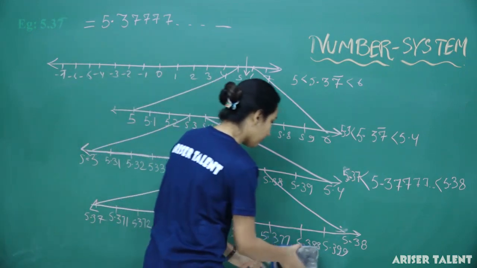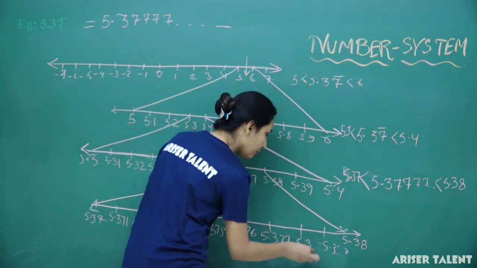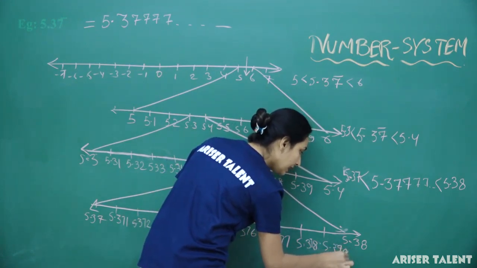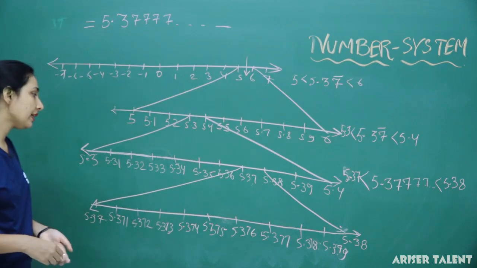Okay, after this 5.377 there will be 5.378 and there will be 5.379. There will be 5.38 after that.